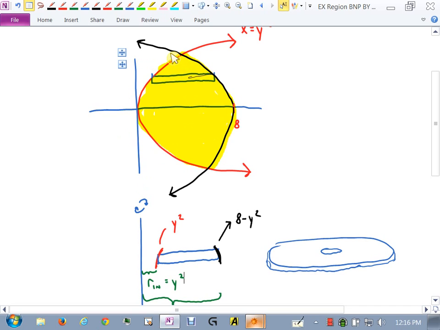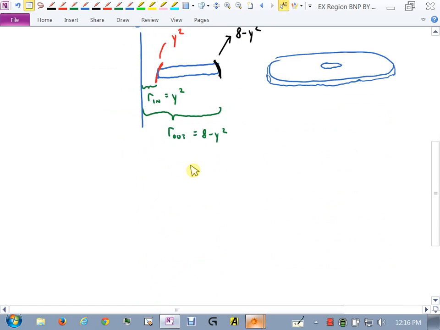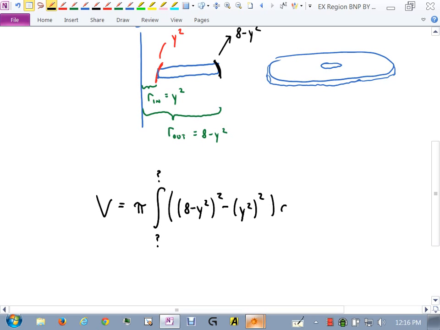Which means I need to set up an intersection problem and figure out where they hit. So here's what I'll do right now. I have volume equals pi, integral C to D, I don't know yet. I'll come back and get those. It'll be my outer radius, 8 minus y squared, squared, minus my inner radius, which is y squared, squared, dy.